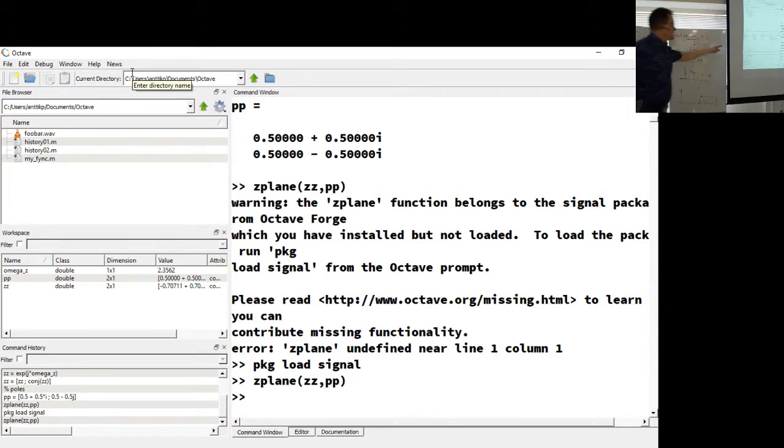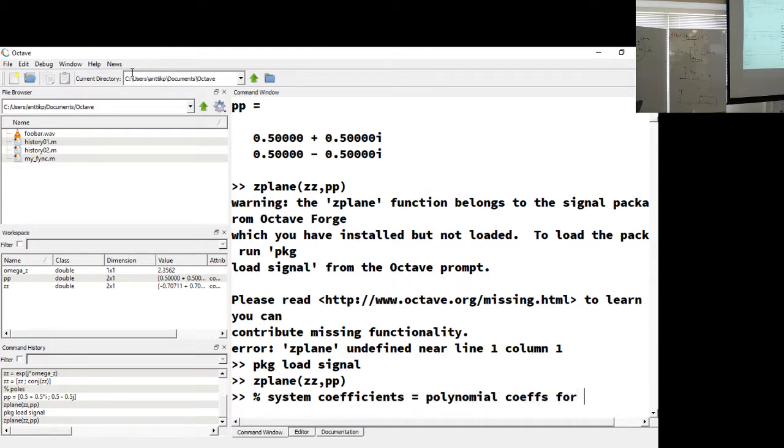How do we now convert this into system coefficients? I still have just these zeros and poles. If these are the roots of the polynomial, then there's an inverse operation called poly. So system coefficients are the polynomial coefficients for the roots.